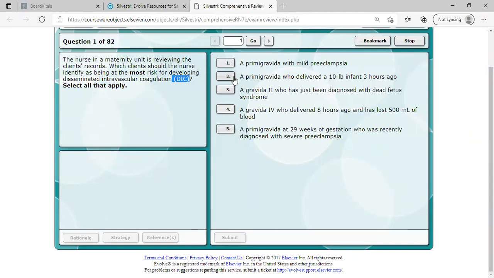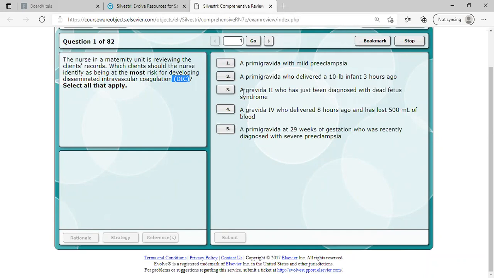So in number 2, we do not get any clue that can lead to DIC. I found no abnormalities. My mother already delivered an infant 3 months ago. Why would there be a chance to develop DIC now? So number 2 is not the answer. Number 1 is not the answer.